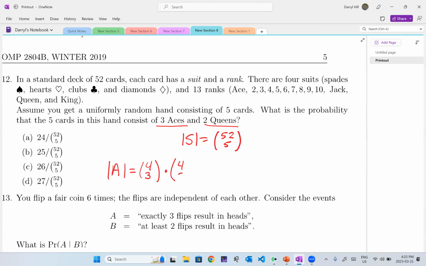I'm just straight up using the product rule. I happen to know that 4 choose 3 is 4 and 4 choose 2 is 6. So that's 24. So that would be A in this case. Hopefully I did that right.